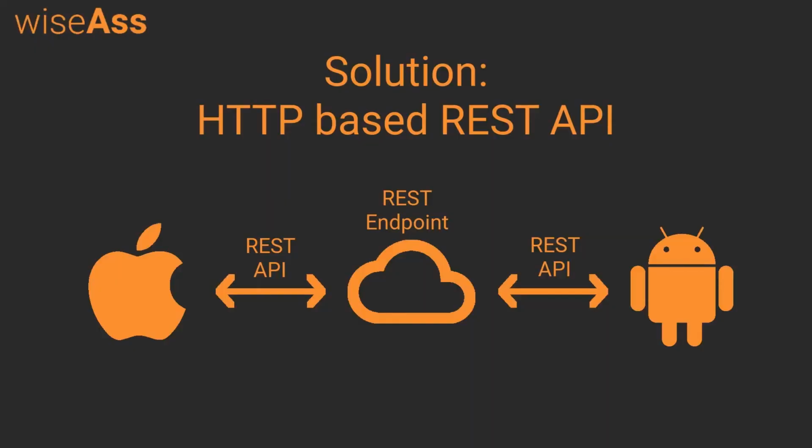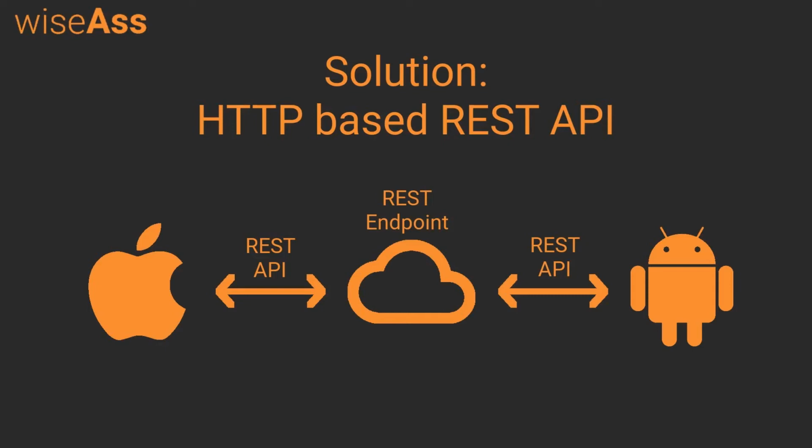REST is a way to define a platform-independent interface, or API, for use between our different applications. It turns out that REST is best defined as an architectural style, which can be achieved through various kinds of implementations. In this case, we are going to be building an HTTP-based REST API for communication with an Android application, and we'll be using GitHub's pre-configured REST endpoint, or server, which is where we'll actually be getting the data from.